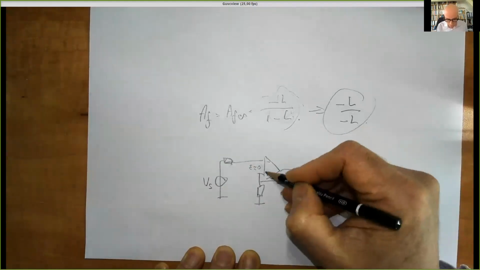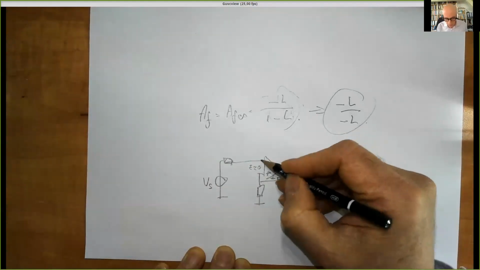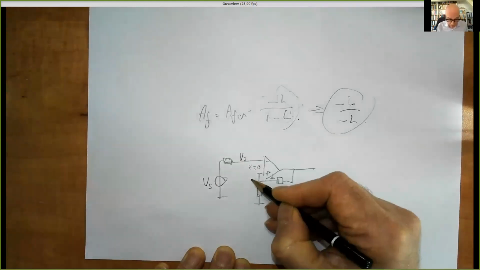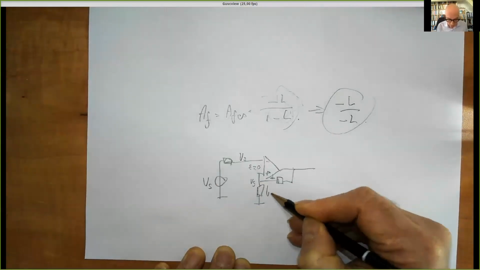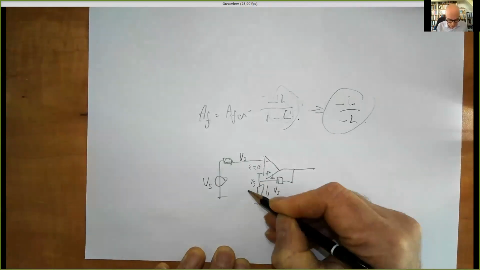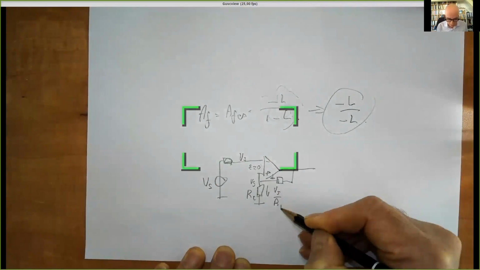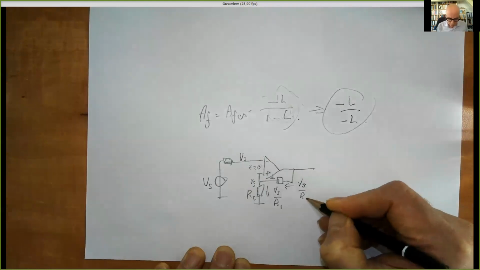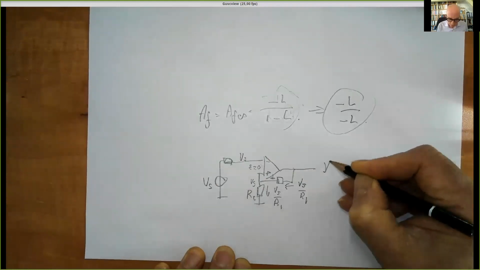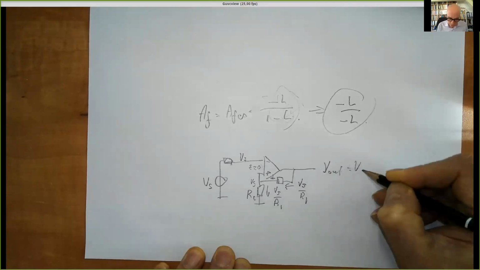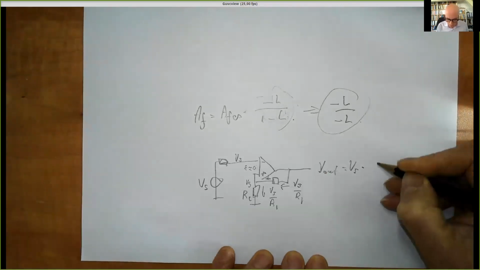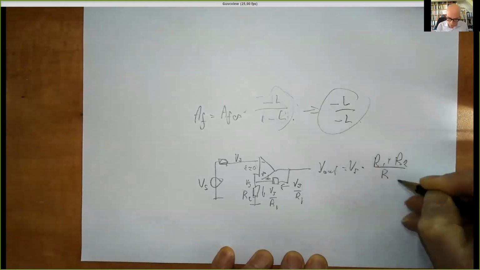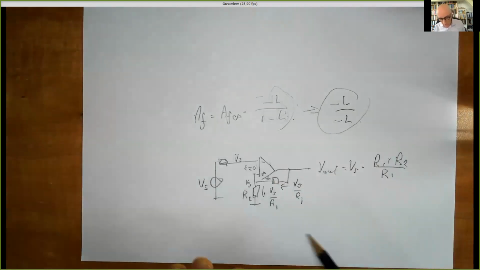So there's no current flowing and no voltage, so it acts like a nuller basically. The voltage Vs is there, it is also there. The current is Vs over, let's call this R1. So the current is also flowing there, Vs over R1. And you see that V out equals Vs times R1 plus R2 divided by R1. And it doesn't change anything if I change the sign.